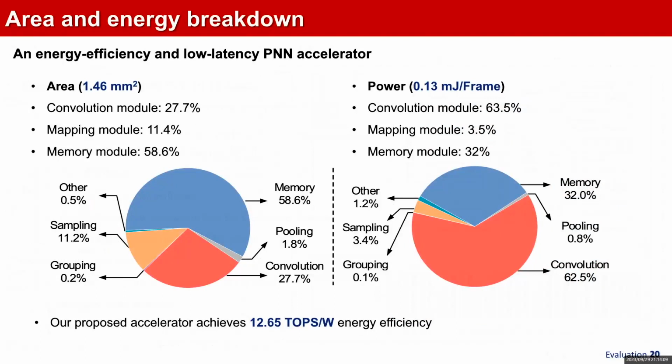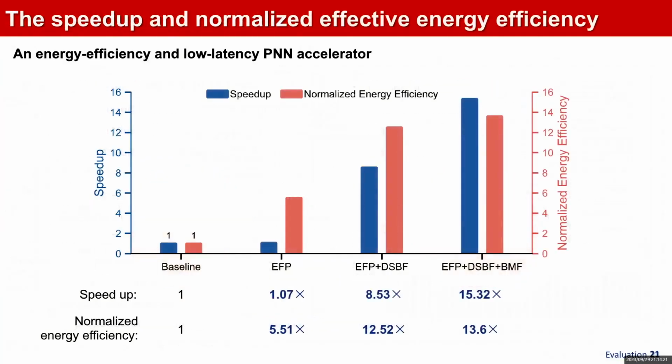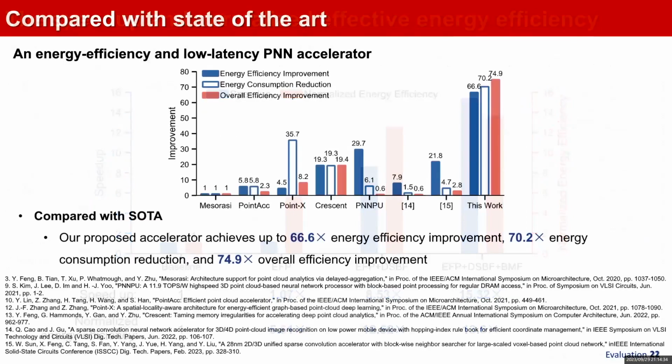The total area is 1.46 square millimeters and the energy is 0.13 millijoules per frame. We achieve 12.65 TOPS per watt energy efficiency. Compared with the baseline, we achieve a total of 15.32 times speedup and 13.6 times energy efficiency improvement.